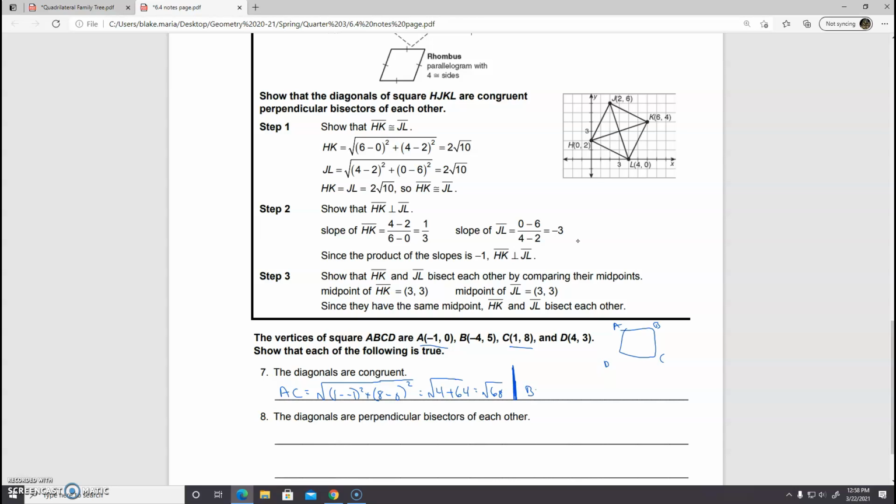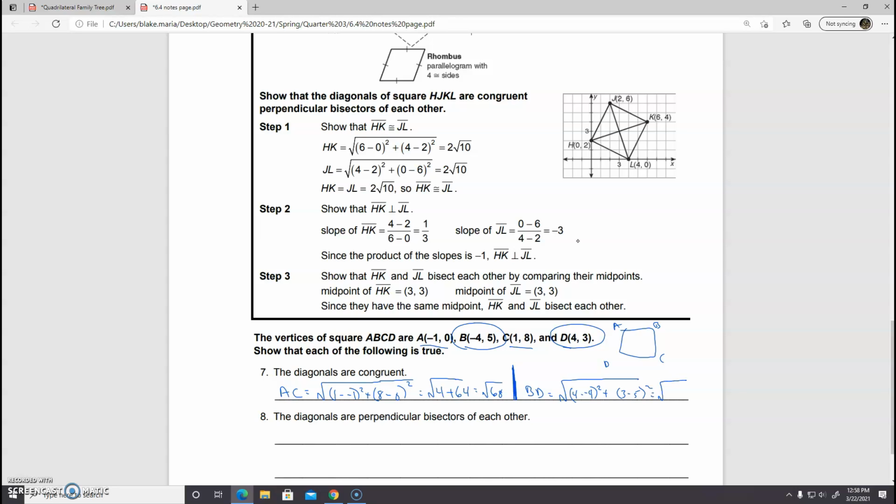And then BD is the other one. So let's prove that BD is the same as AC, hopefully. We'll find out. And there's our shell. So BD, where are we? We're here and here. So we've got 4 minus negative 4, and then 3 minus 5.